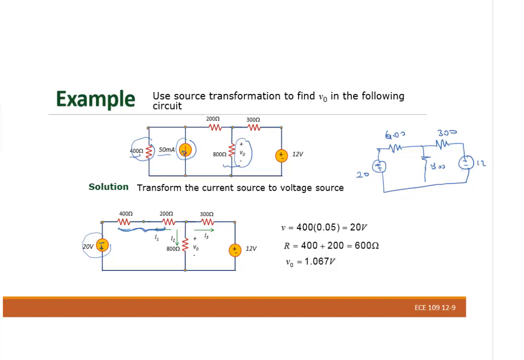You can go forward. You can convert this one to a current source and parallel resistor, and convert this one to a current source and also a parallel resistor. So we can have it like this.